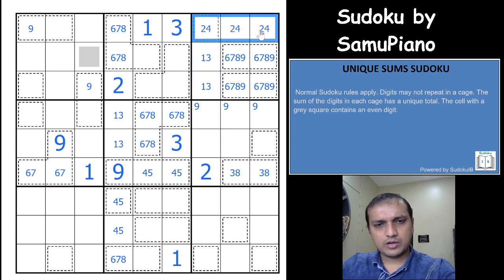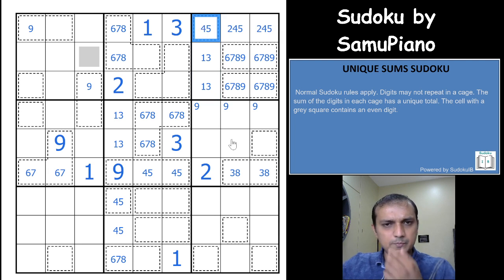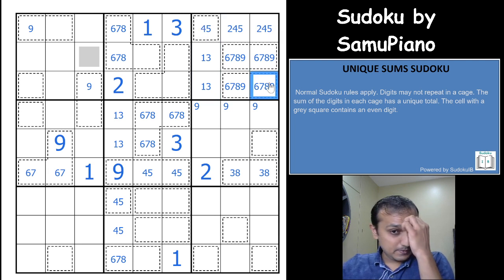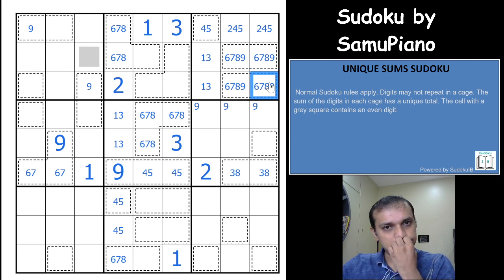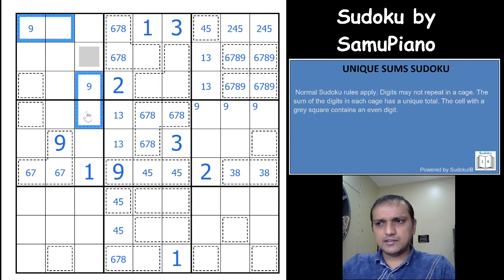This is 2, 4 and 5. 2 cannot be here. So this is 9, 8 and 7, 8, right? The 17 and the 15 cage is in one of these two cages, right?